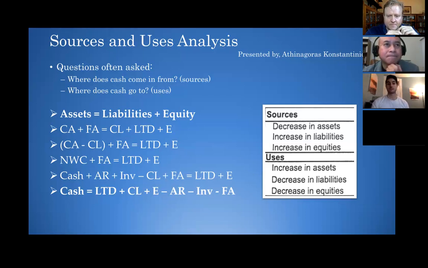For example, if long-term debt increases, so liabilities increase, that is a source of cash, because we're able to get cash. It's a source of cash to the cash and cash equivalents account. Same for equity when you raise equity. And for assets, if you see an increase in inventory, you probably used cash to do that.